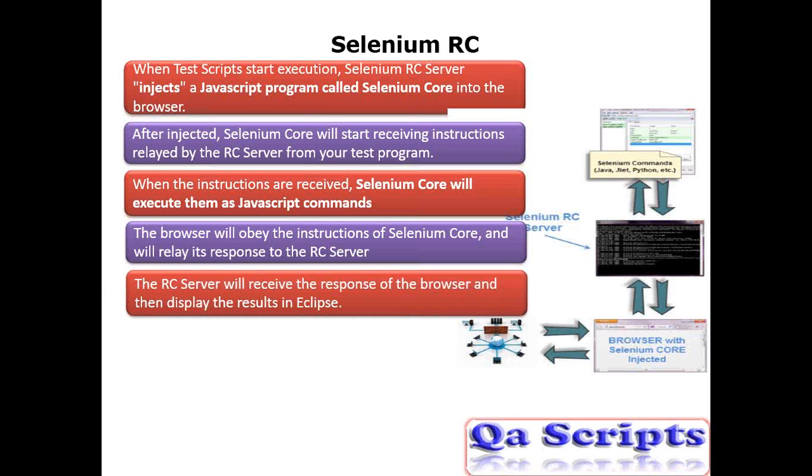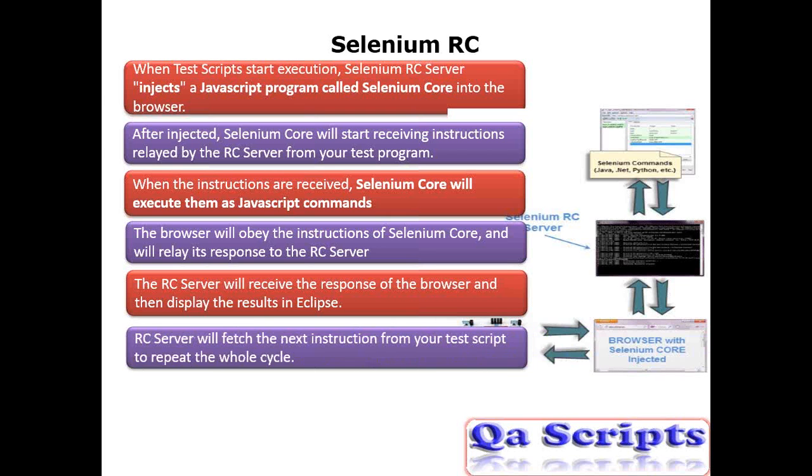As I explained, after performing some actions, the response will be sent back to RC. That same response will be converted and sent back to Eclipse as a report or result. RC will fetch the next instruction from the test script to repeat the whole cycle.